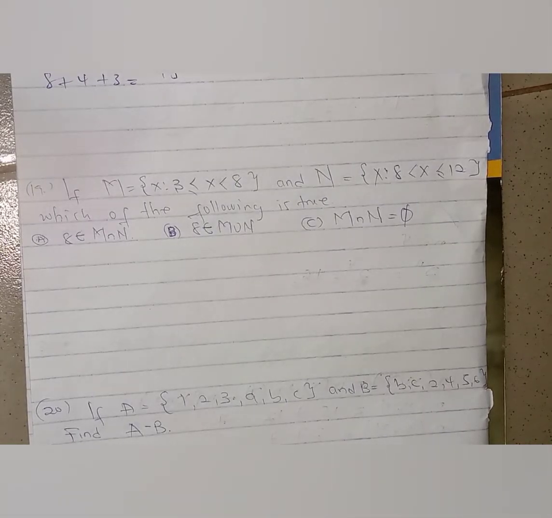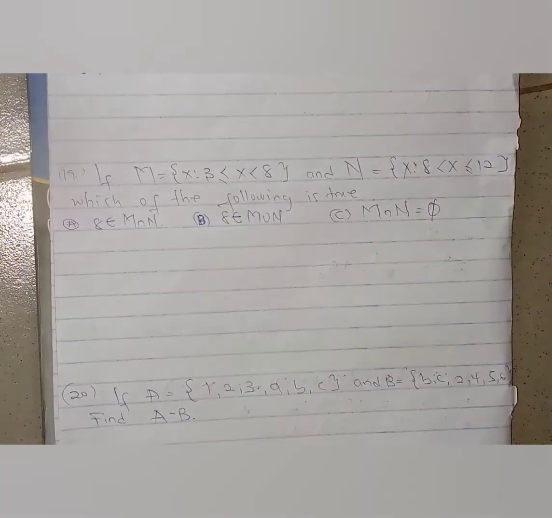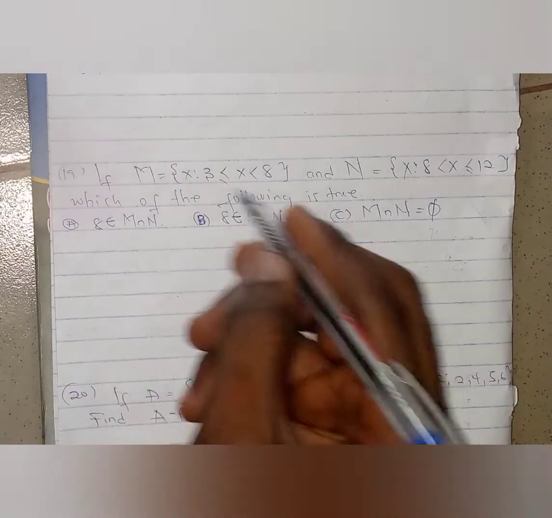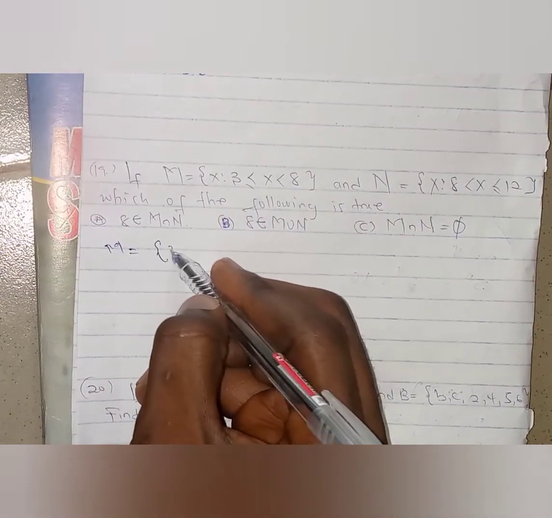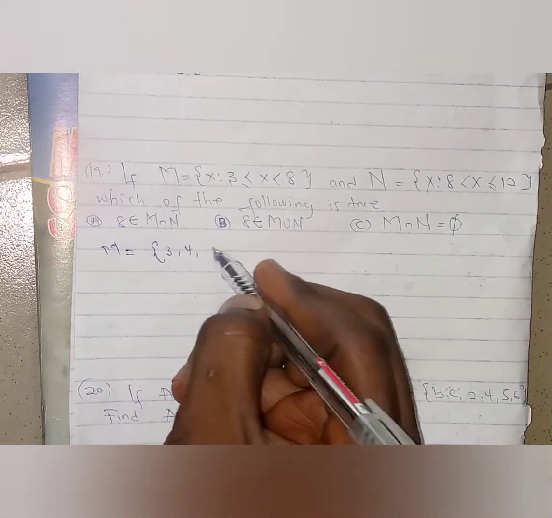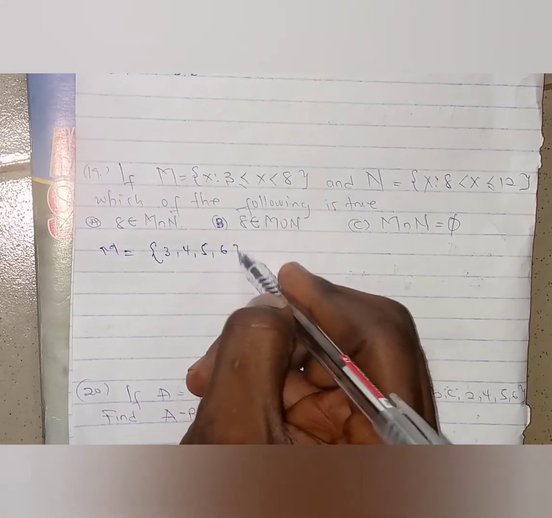Now in this kind of set problem, you have to list the set members. Set M: x ranges from 3 to 7, so set M is 3, 4, 5, 6, 7.